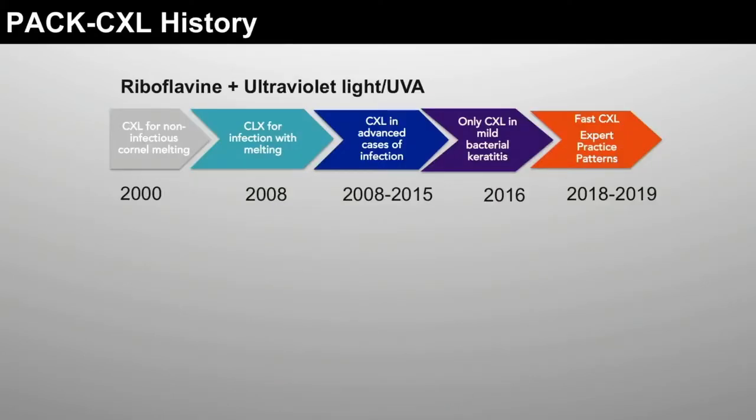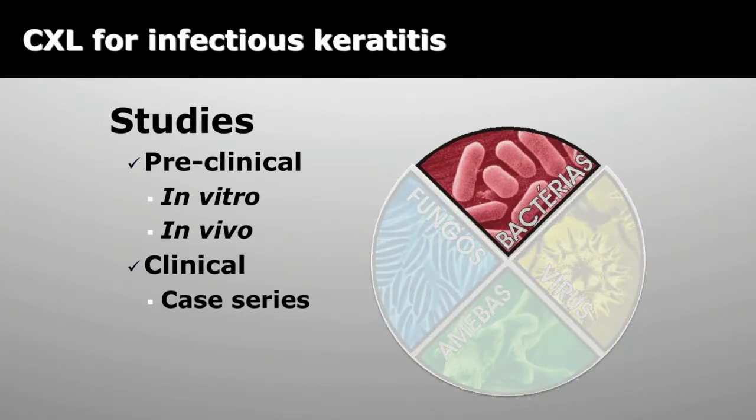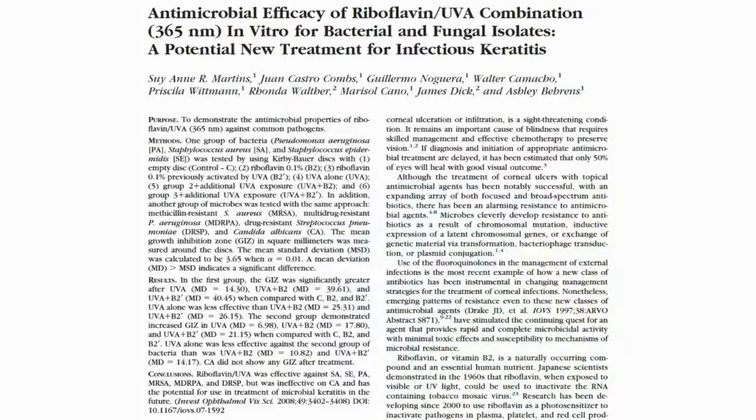PACK cross-linking, which is the use of cross-linking for treatment of keratitis, started a few years back, based on some studies that I'm going to summarize for you. In terms of bacterial infection, let's review some of the preclinical studies.